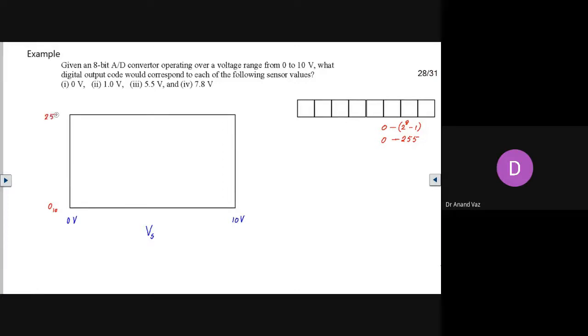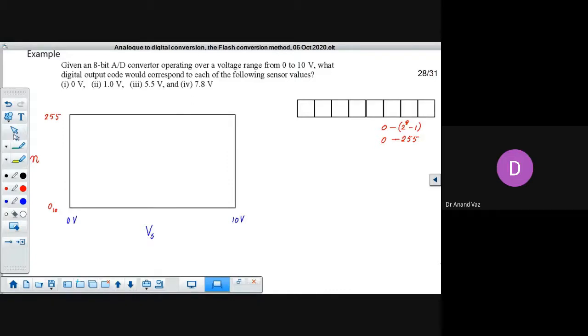Let us say that this is the representation, the digitized value, and let's call this digitized value n.